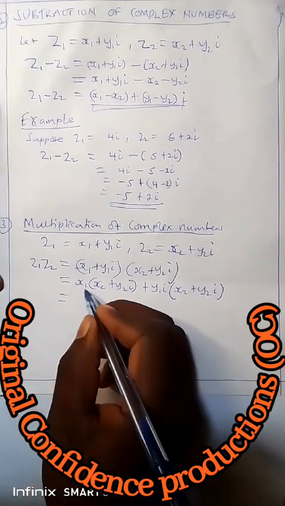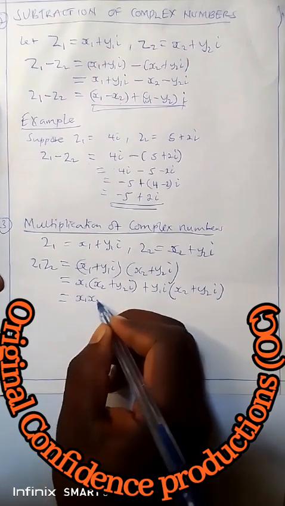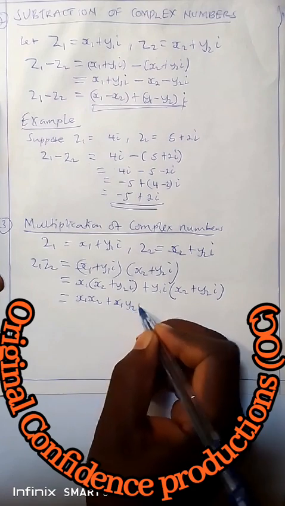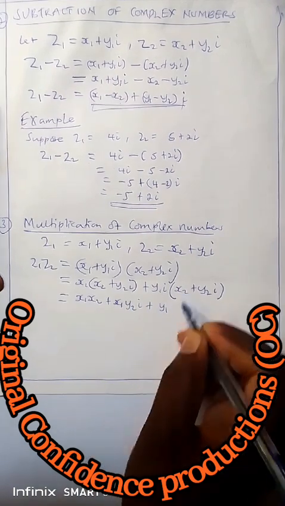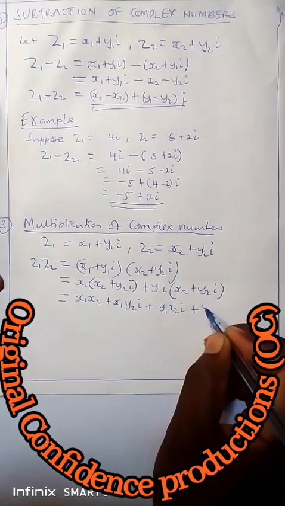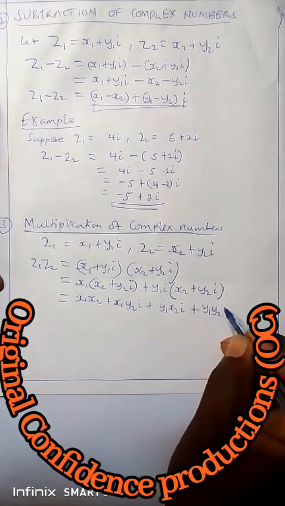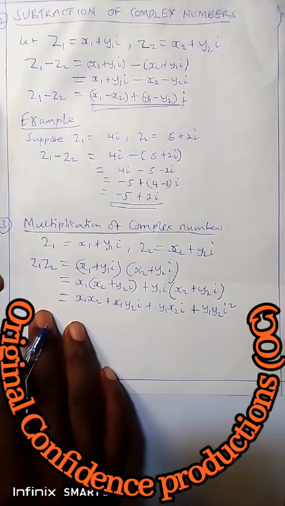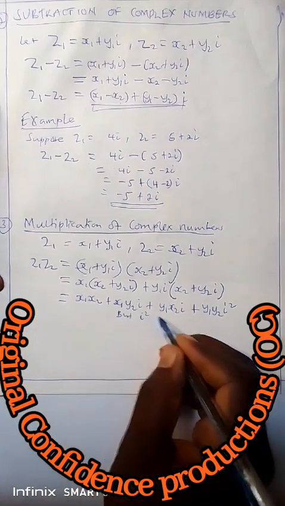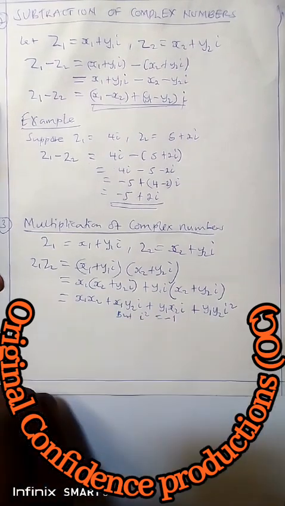Now here we shall open x1 times x2 plus x1 times y2i plus y1 times x2i. Then lastly we have y1 times y2, then i squared. But you should remember one thing: the property i squared is always equal to negative 1.